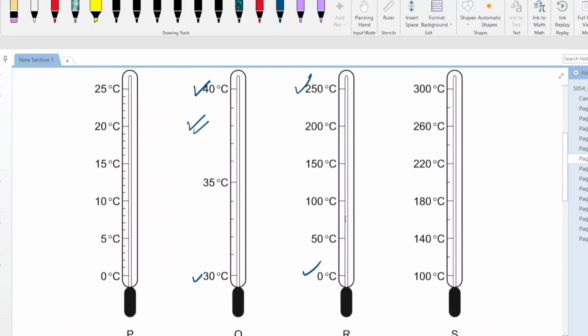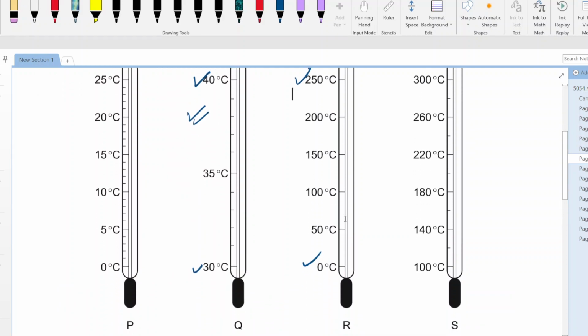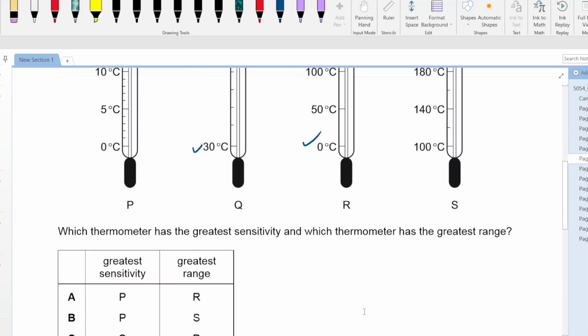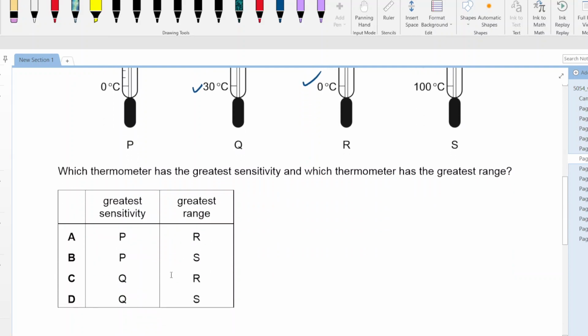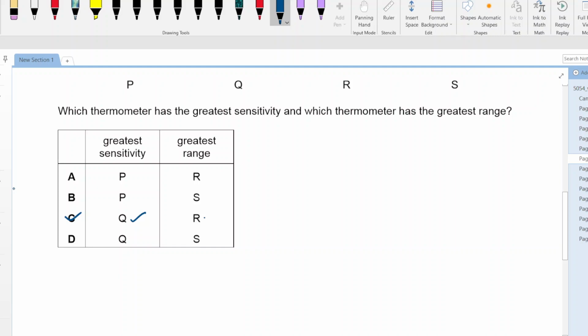Now write: the sensitive one is Q and the thermometer of greater range is R, QR. Therefore, answer C, Q R.